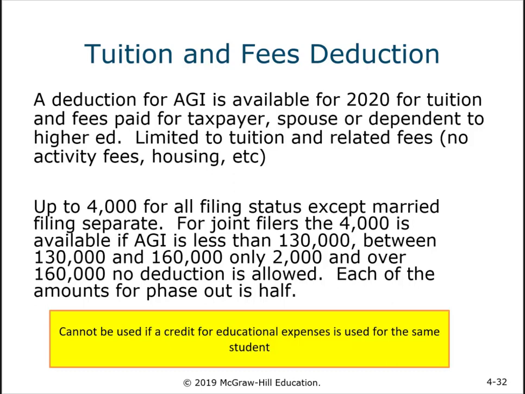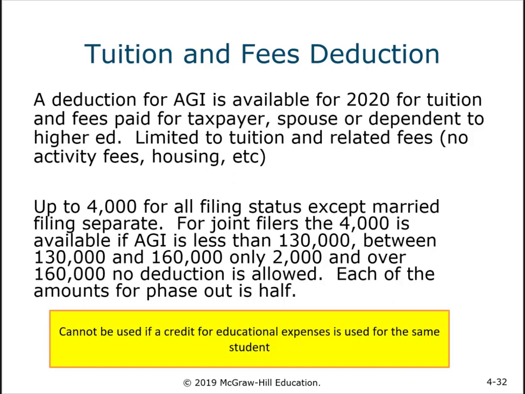Okay, no housing. $4,000 paid, and notice how it phases out. Okay, and it's the same for all filing statuses. Only married filing separate doesn't get it. So this is one of those examples of married filing separate being a bad idea if this is a deduction you want to take advantage of. Notice how this phases out.